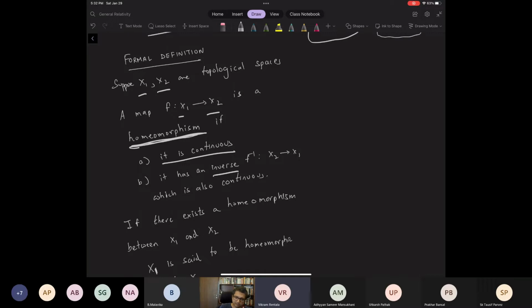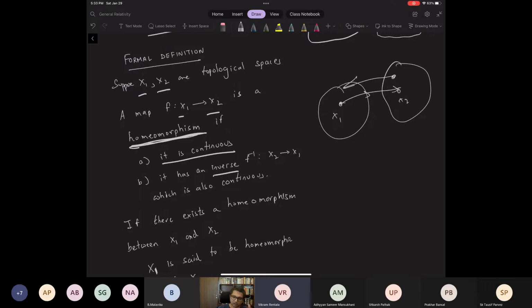Not just an inverse image, but really an inverse, which means if I map from some point in x1 to some point in x2, this map is 1-to-1, and it's onto, which means that I covered the whole space in x2. So everything in x1 has an image in x2, that's the definition of a map, but the map also covers the whole space of x2 and it has an inverse, which means for every point in x2, I can uniquely find a point in x1 for which this map exists.